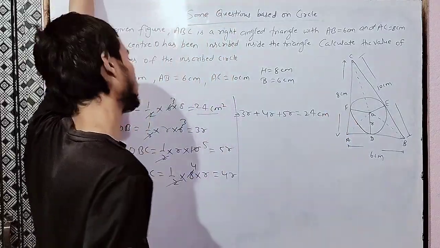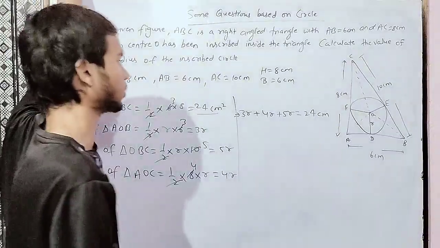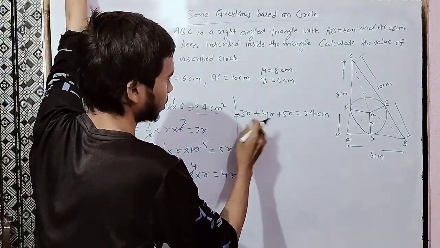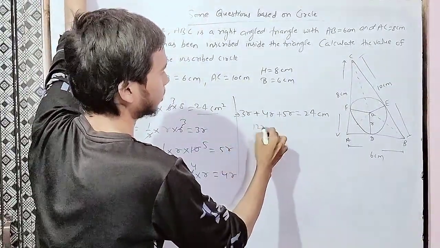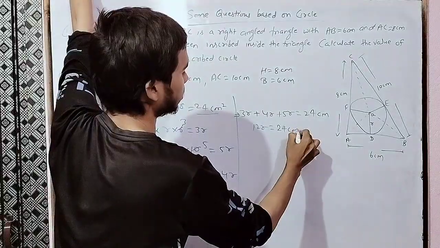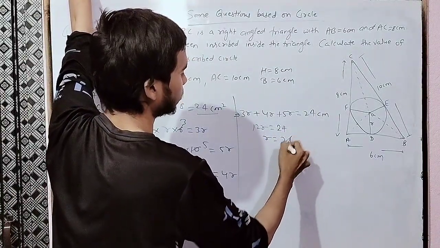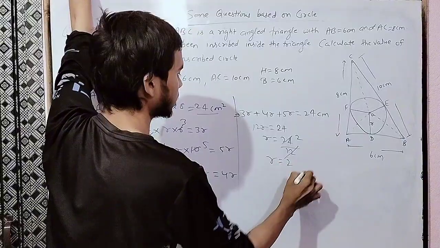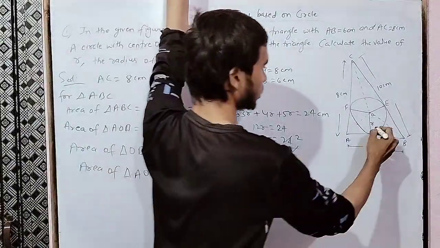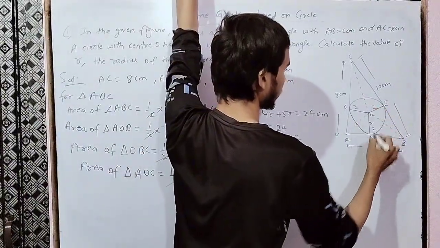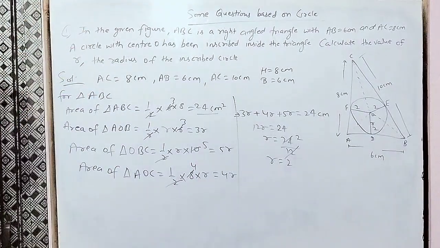So we have a linear equation. 3 plus 4 plus 5 is 12, so 12R is equal to 24. So 24 upon 12, R is 2. So the radius is 2. Finally, we have found the measure of the radius.